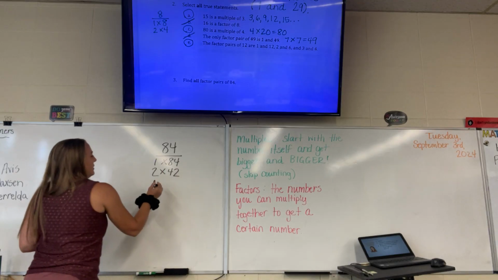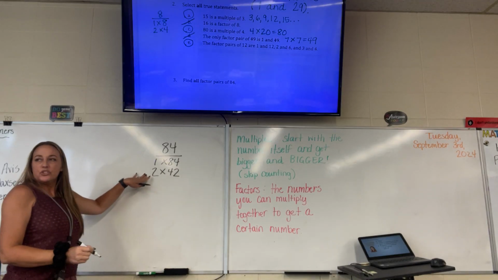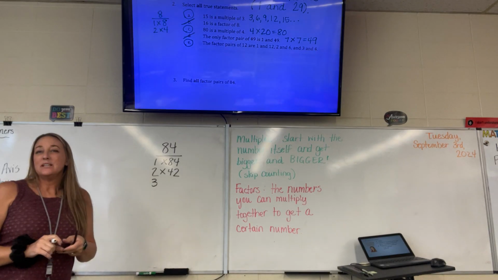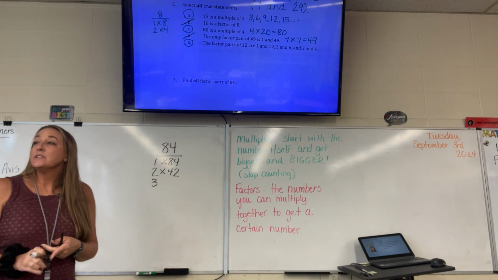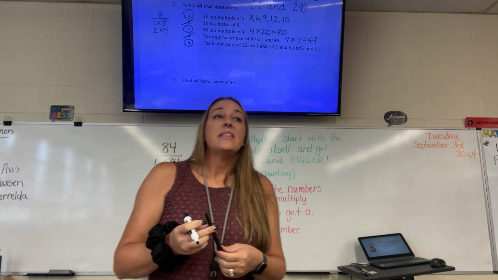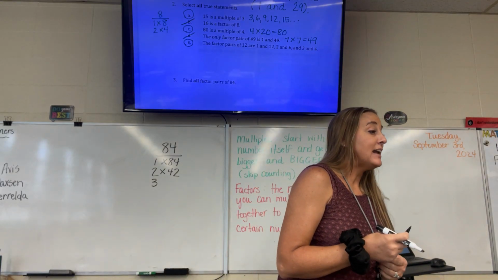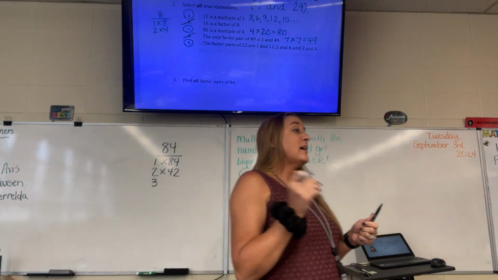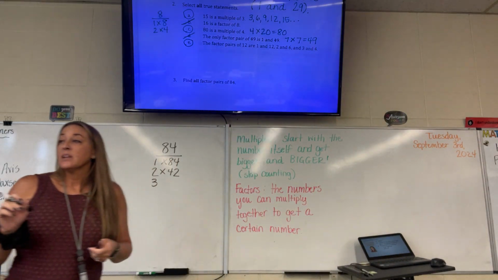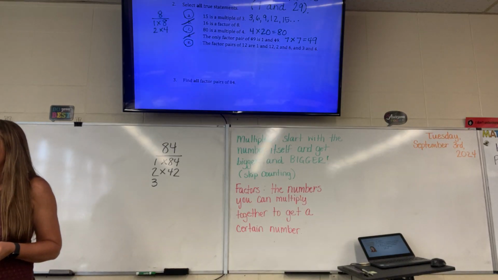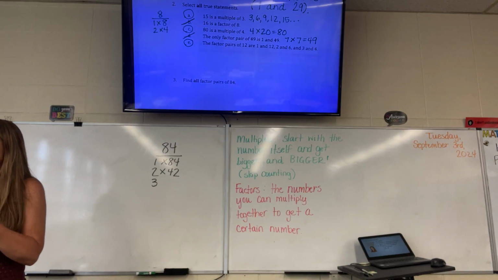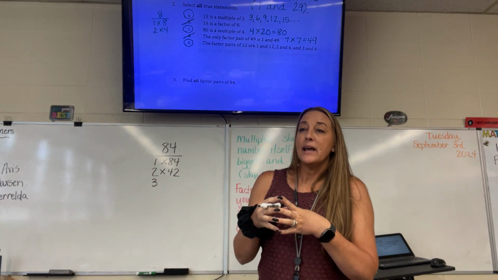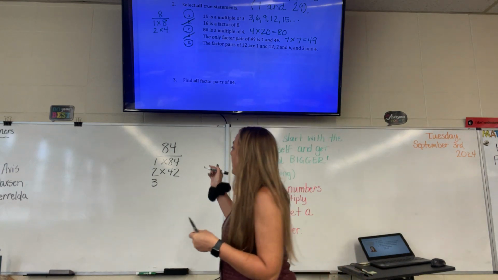Now, what number comes after 2? 3. Your multiplication table doesn't go high enough, but I will tell you that 84 can be divided by 3 because there's this little rule that we're going to learn later that tells us if we add the digits together, what's 8 plus 4? 12.